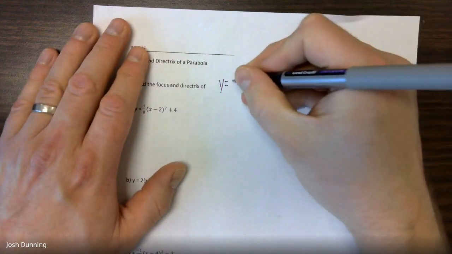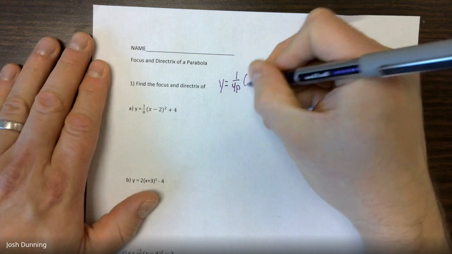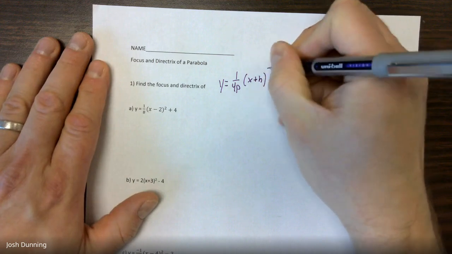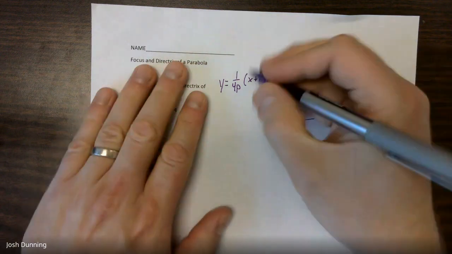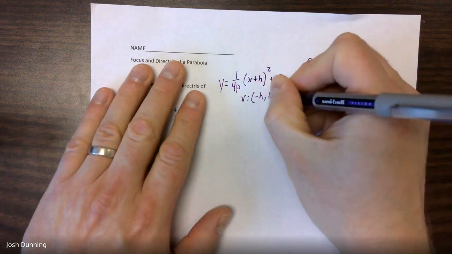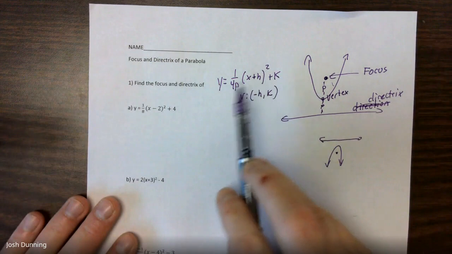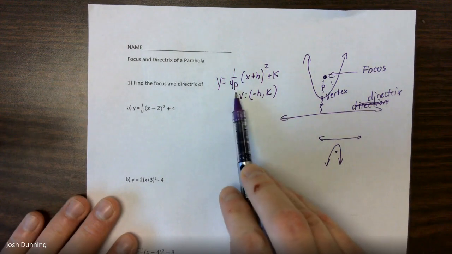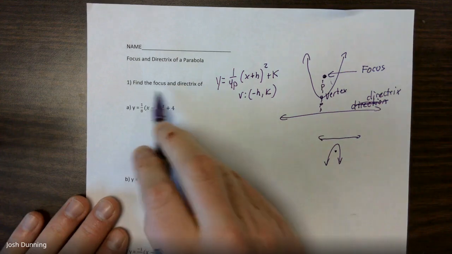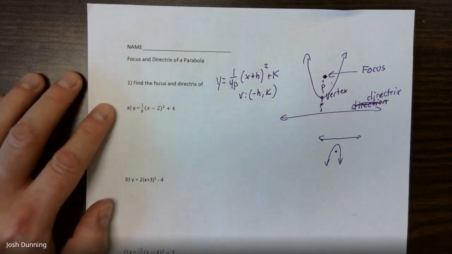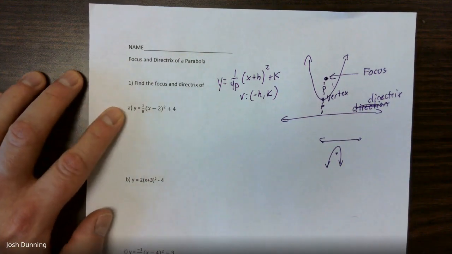Now, if the parabola is in vertex form, this is really easy. There is a formula. It's 1 over 4p. And p is that distance right there. Now, what it wants is to find the focus and the directrix of, okay, so here we go.